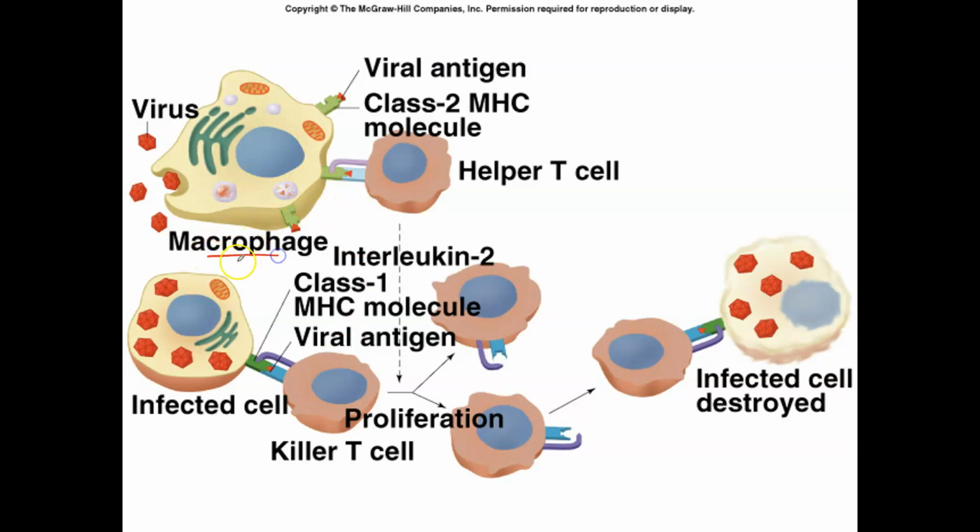virus-infected cell, so this macrophage has taken in the virus, it's actually presenting on a class 2 MHC so that helper T cells can be activated. And helper T cells can actually go on to activate B cells, and B cells are going to be involved in antibody production, or helper T cells can go on and activate cytotoxic T cells or killer T cells.